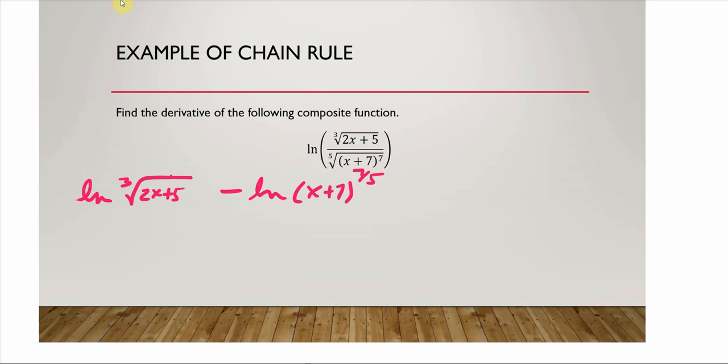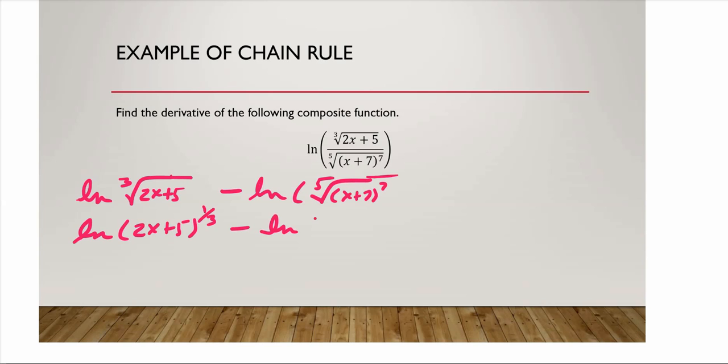So let me stick with the 5th root of x plus 7 to the 7th power. Now I'm going to rewrite it. That can be written as ln of 2x plus 5 to the 1/3 power minus the ln of x plus 7 to the 7/5.